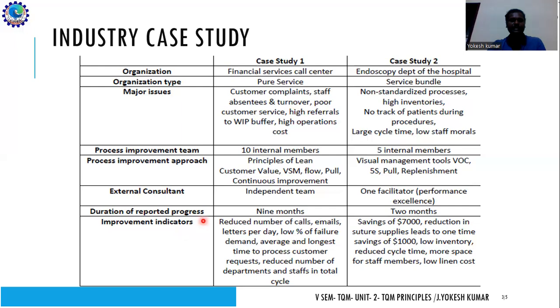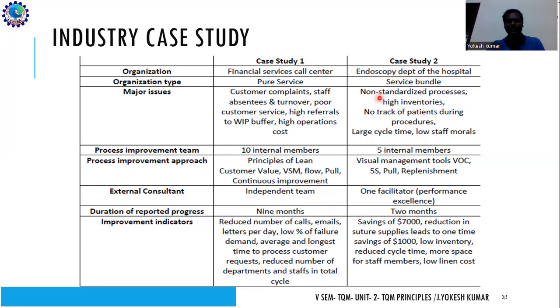Then the improvement indicators to measure the process improvement for the financial services are a reduced number of complaints via phone calls, emails and letters per day, a low percentage of failure of demand, the average and longest time to process customer records, and the required number of departments and staff in the total cycle.